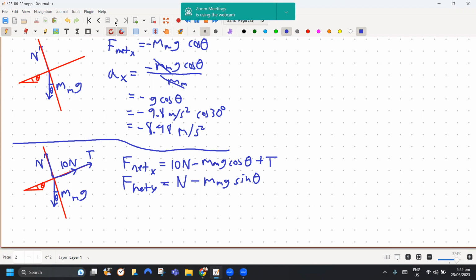So isipin mo, ikaw yung rope. You're pulling the object up so that it doesn't slide downward. Tapos may assistance na 10 newtons. What will happen?